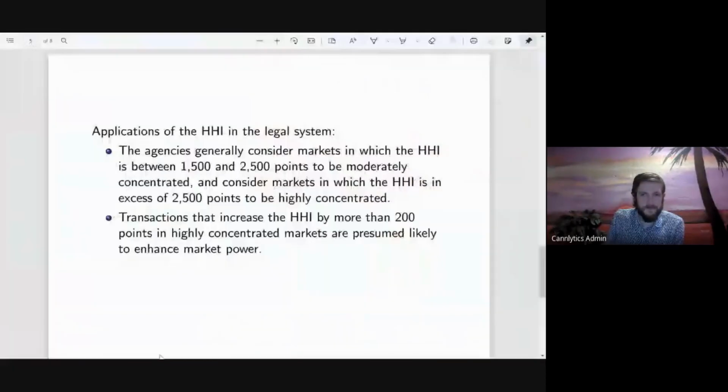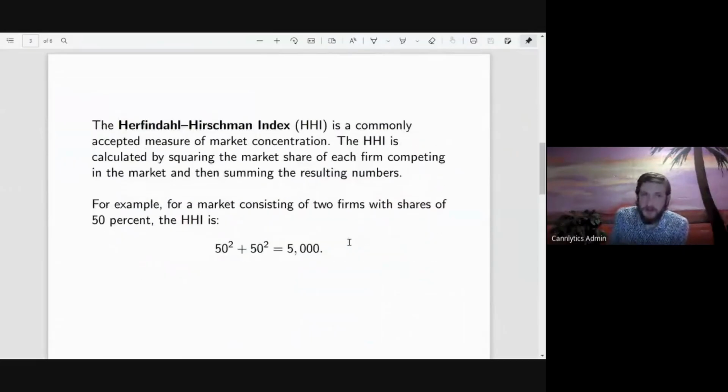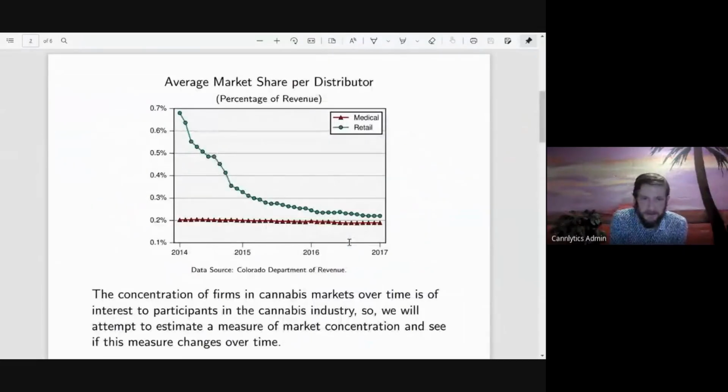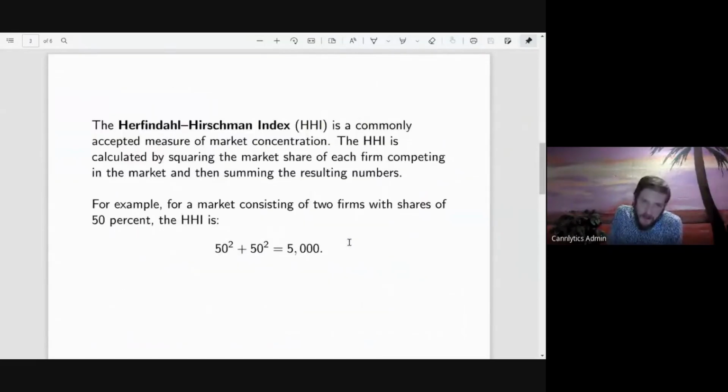We are essentially discussing the average market share. And this can be measured by a Herfindahl-Hirschman index, which is just the sum of the squares of market shares.